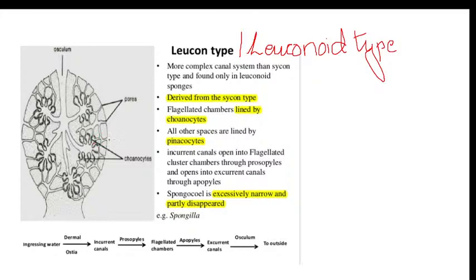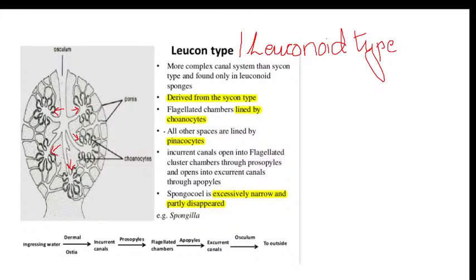The water enters through the ostia, then it enters a branched network, and that network contains the choanocytes, and those choanocytes will digest the food which is trapped in. So all the spaces are, let's have a look here, only in this region can we see flagellated cells.